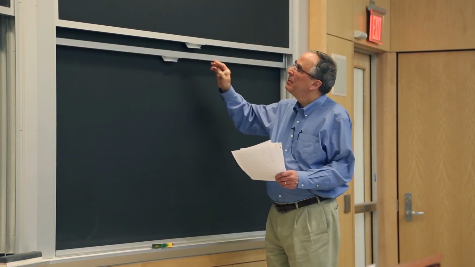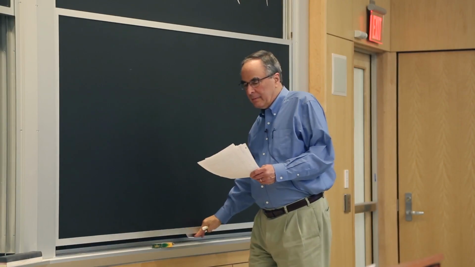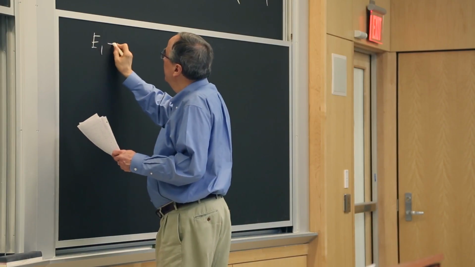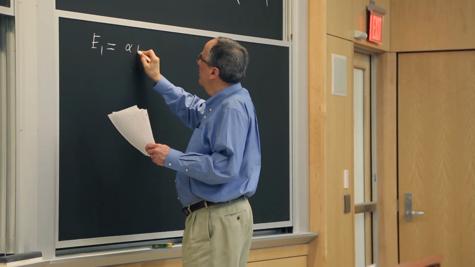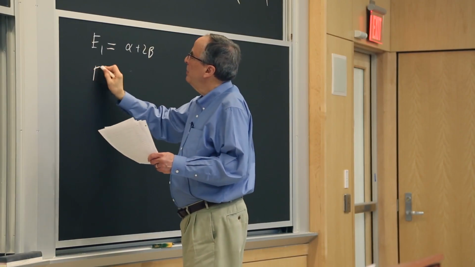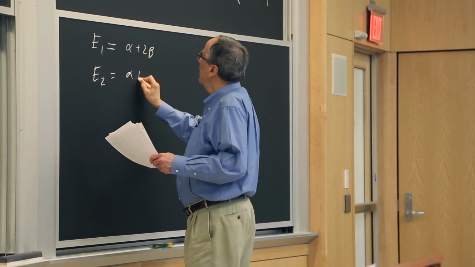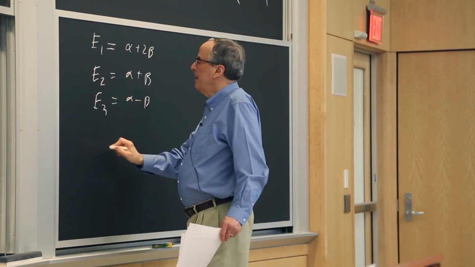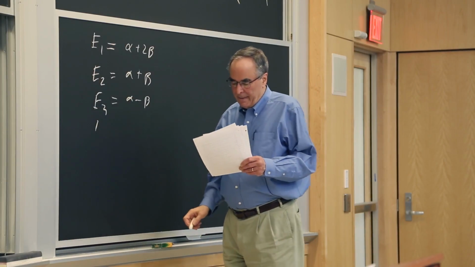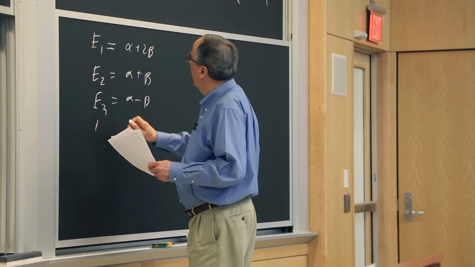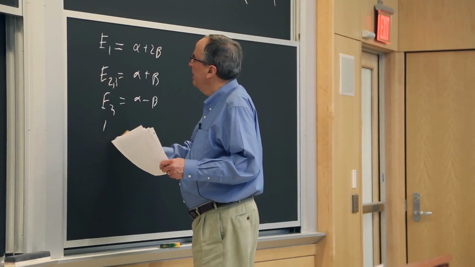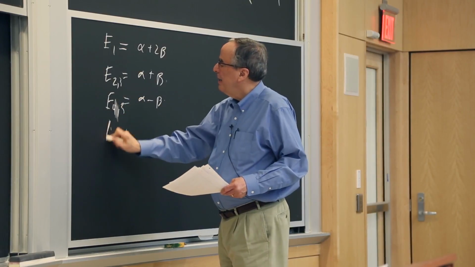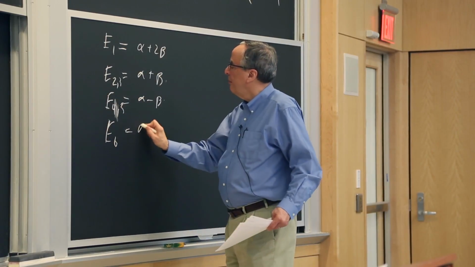And so when you do this, you get E1, the lowest energy, is alpha plus 2 beta. And E2 is alpha plus beta. And E3 is alpha minus beta. I'm sorry, E2 and E3 are both this, and E4 and E5 are this, and E6 is alpha minus 2 beta.